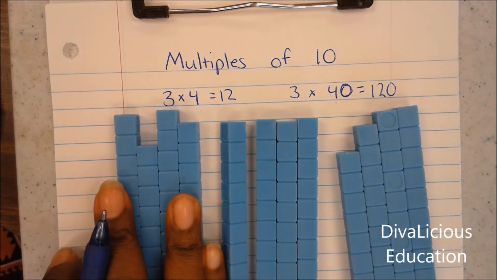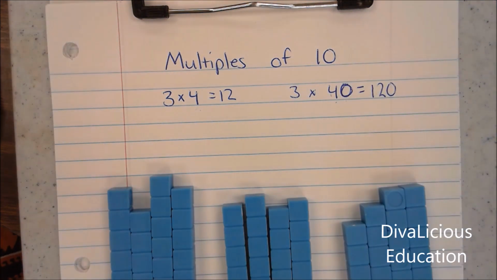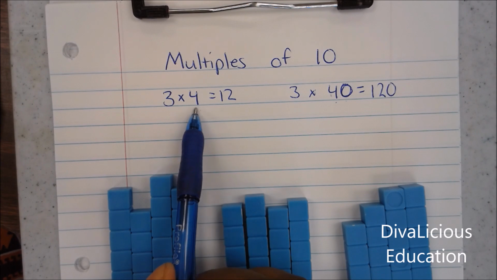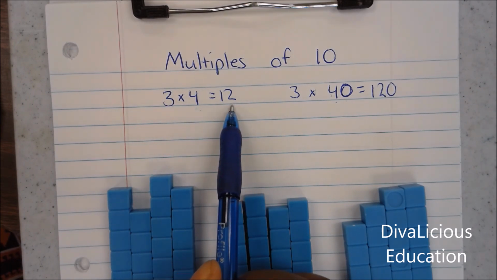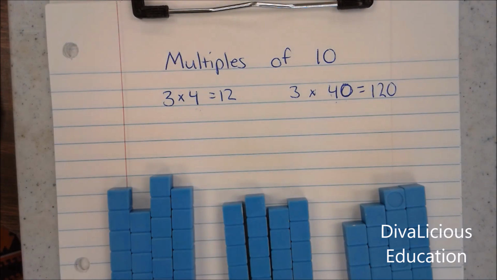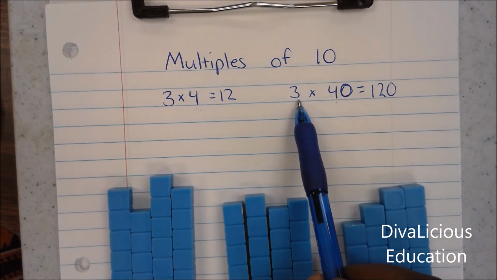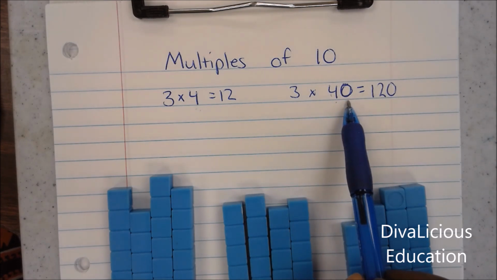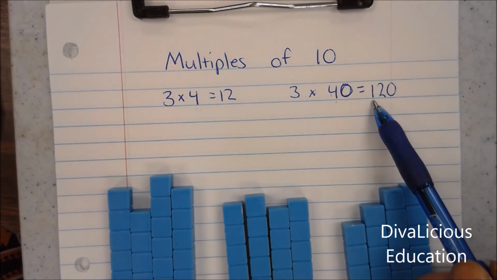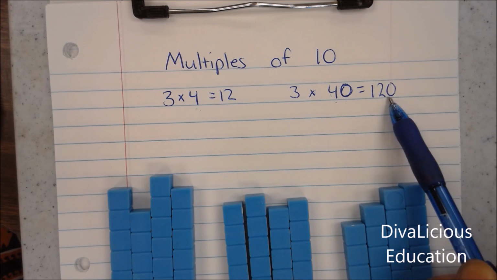Now look closely at how these numbers are related. When I was multiplying one digit times one digit, I end up with a 2-digit number. But when I multiply a 1 digit times a 2-digit number, I end up with a 3-digit number.